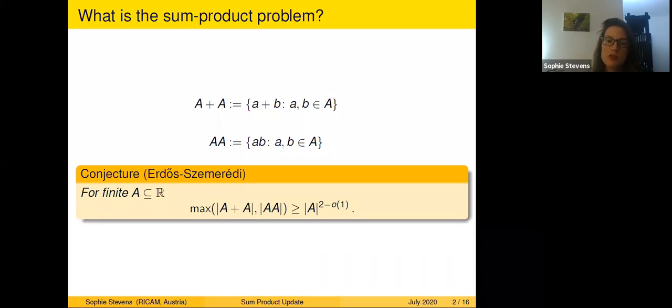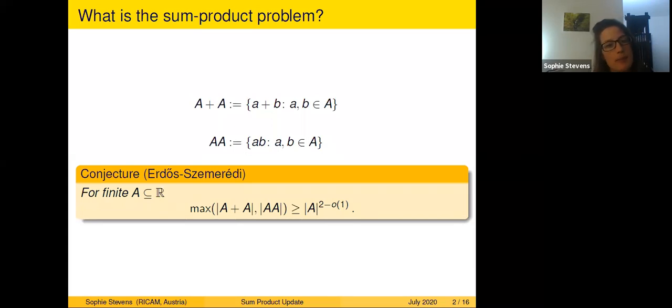And this little o of 1 term is going to hide lower order terms. It's going to hide constants, but also it's going to hide powers of log A. Also maybe it's worth saying that A is a set, but I'll always say the size of A is A, which hopefully won't get too confusing.